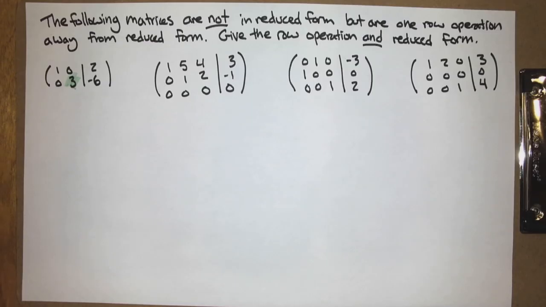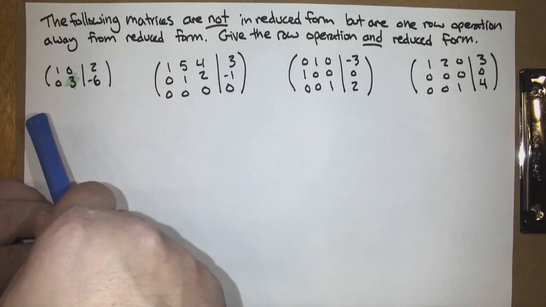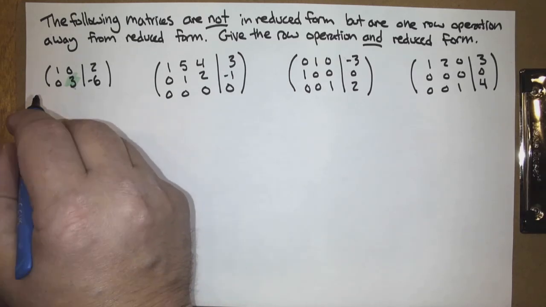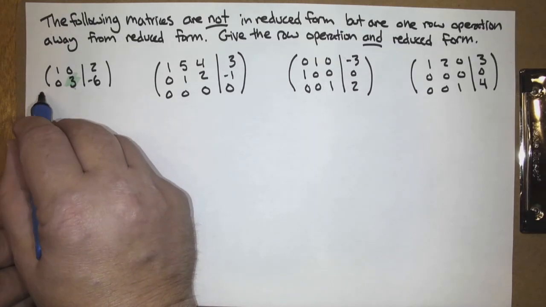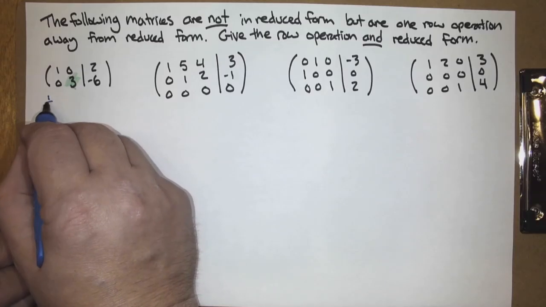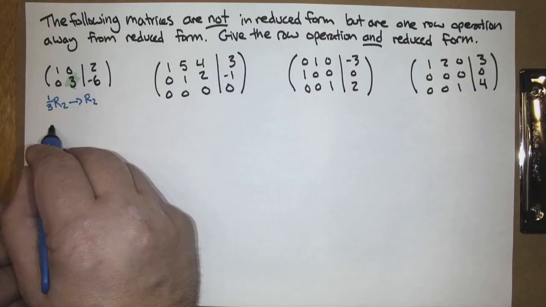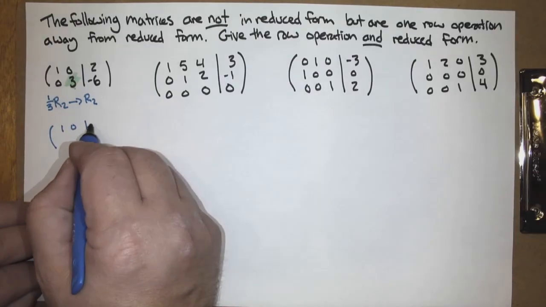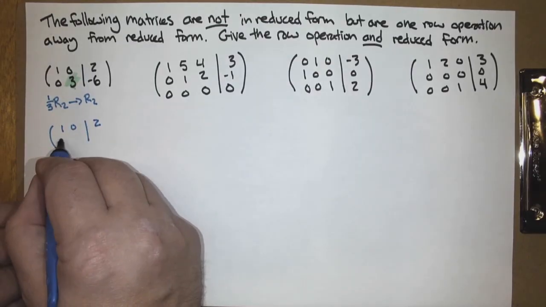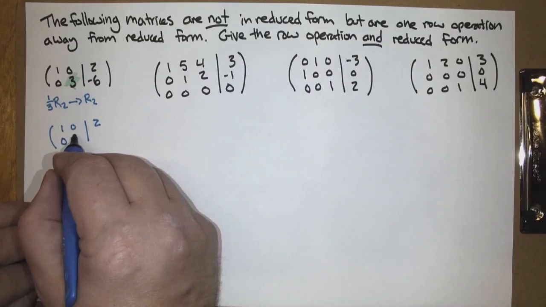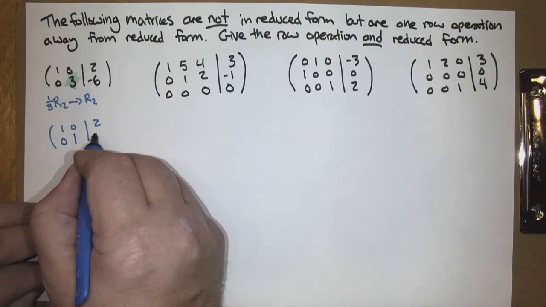So how do we fix the first entry not being a 1? Yeah, we can divide by 3 or scale by 1/3. So the row operation we need is to scale the second row. So we're going to take 1/3 times the second row, and that becomes the second row. The other rows stay as is, so the first row still stays 1, 0, 2. The second row, divide everything by 3: 0, 1, minus 2.